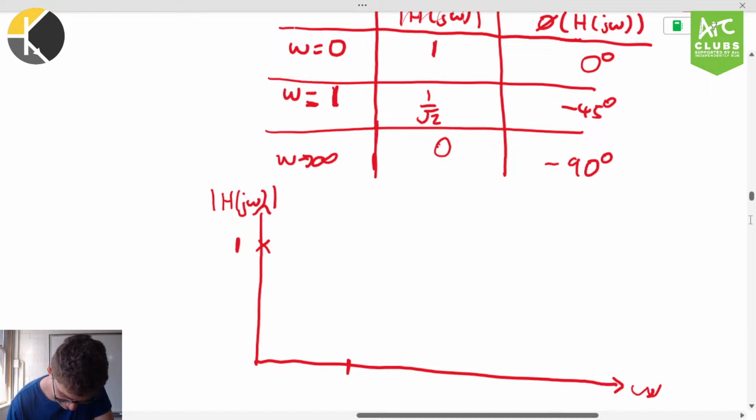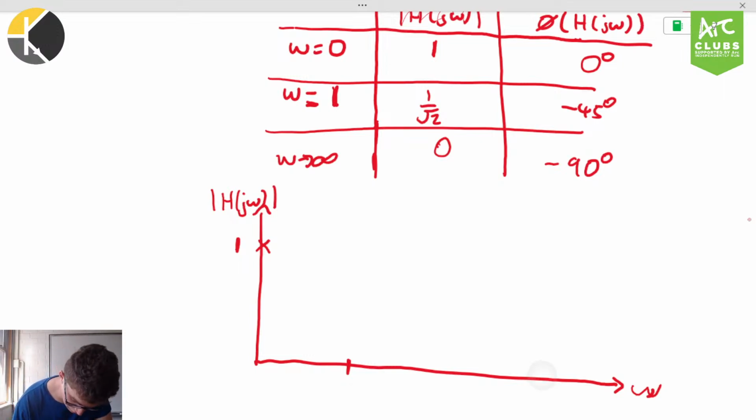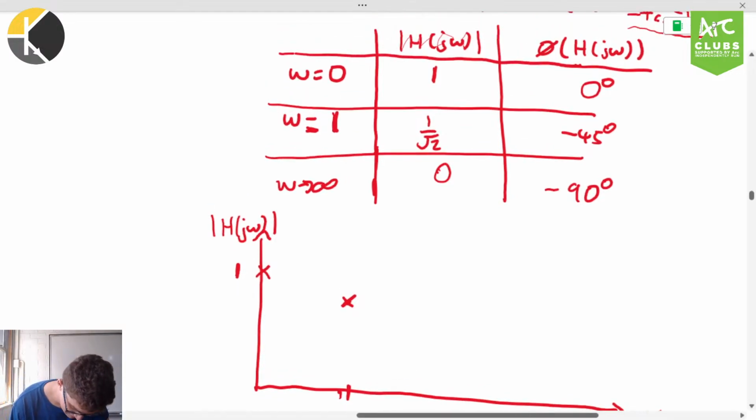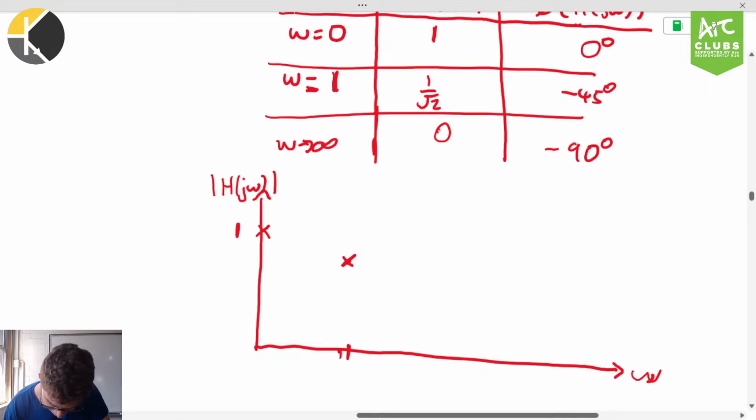We'll put it around here, and we'll trail it off over here. Okay, omega equals 1 equals 1 on root 2, which is around 0.707. So it's around here. And we'll plot our last point, which will go here. So we should label all our points.